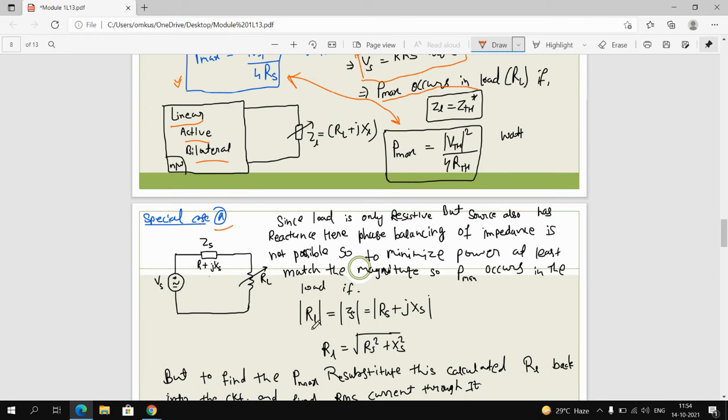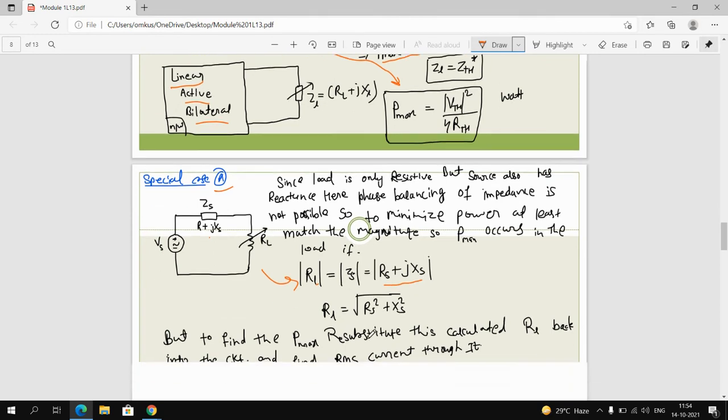So how to calculate it? Now see these equations. This is your ZL. ZL is equal to the modulus of ZS, and when you calculate it you need to take the total magnitude of this complex quantity. When you calculate this RL, you are able to find the power.